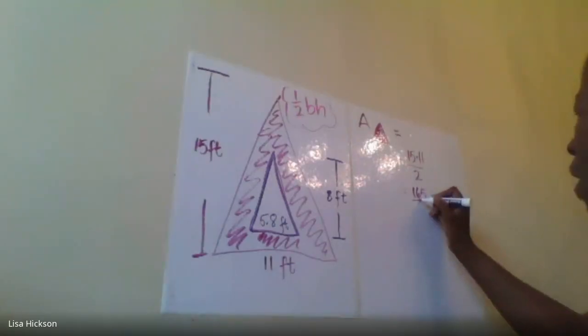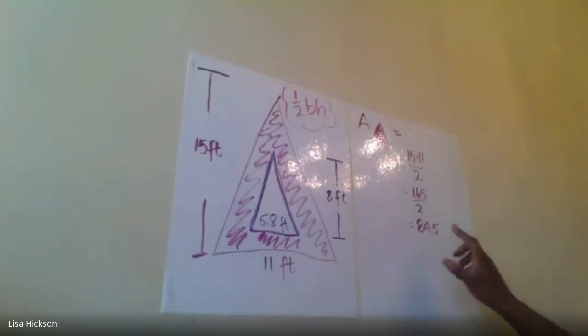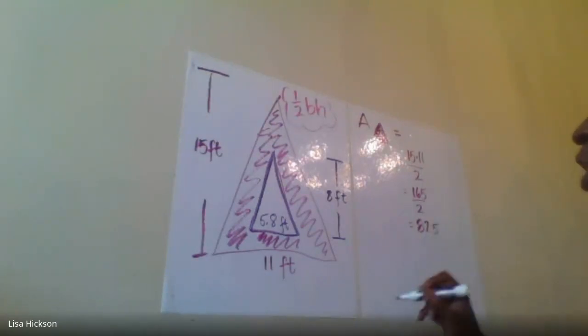Hold on. 165. 165 divided by 2. You got 84.5 for that? I got 82.5. Oh, 82.5. All right. Check me. All right. So that's the first one.